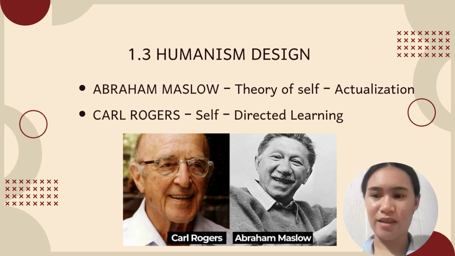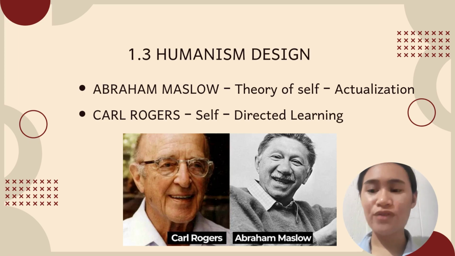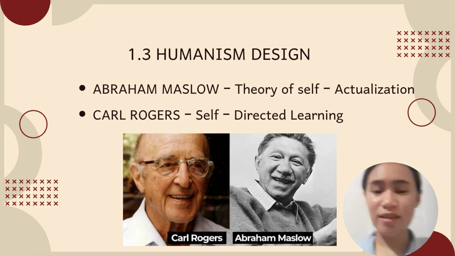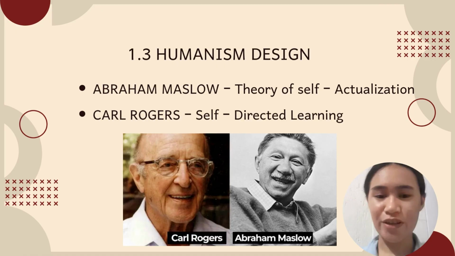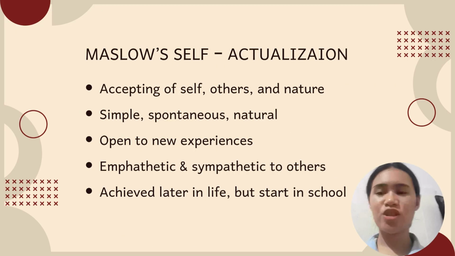Humanism design. The two main contributors are Abraham Maslow, who is known for his theory of self actualization, and Carl Rogers, who emphasized self directed learning. According to Maslow, self actualization is the highest level a person can achieve.